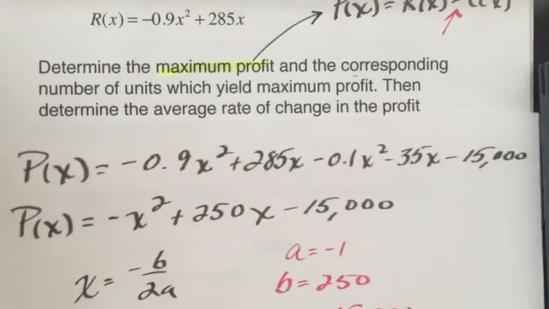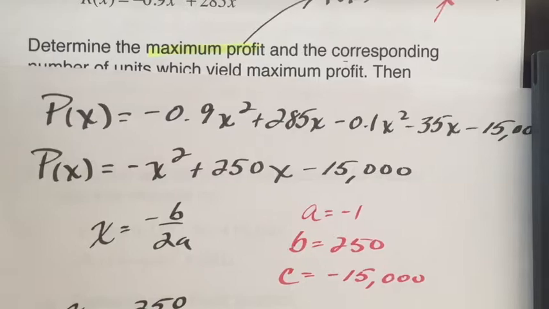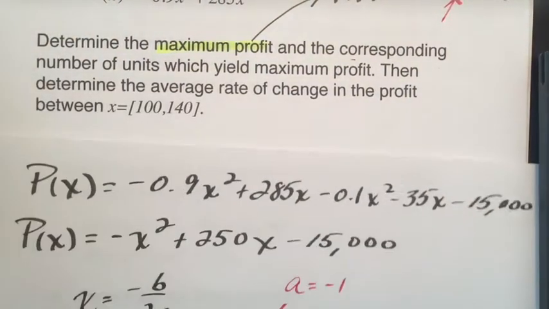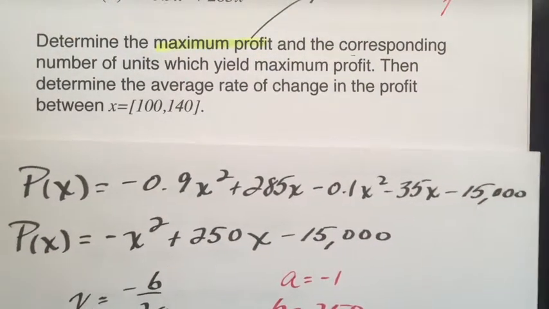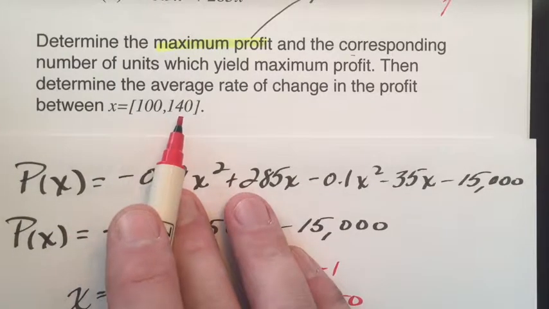The next thing we need to do is when we come here, it asks us to determine, turn my light back on, the average rate of change in the profit between 100 and 140.